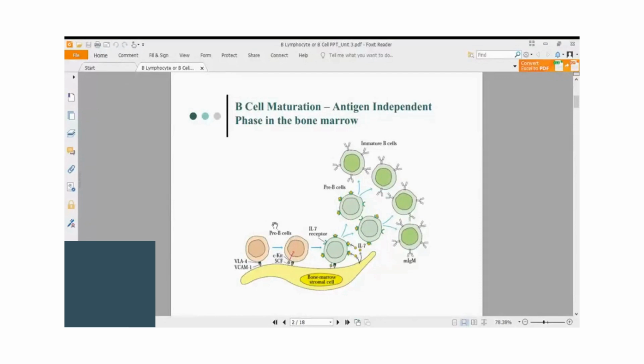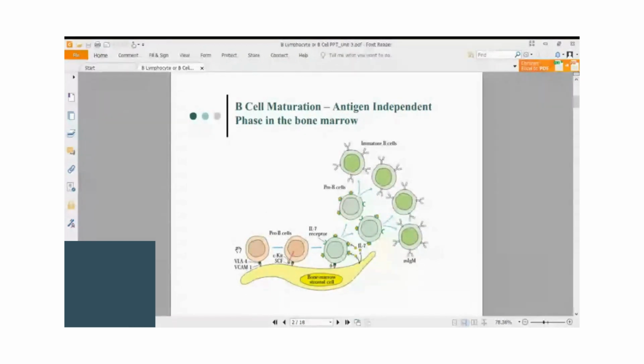Now these pro-B cells which remain in the microenvironment of the bone marrow, because of their residence there, develop a receptor on their surface called VLA4. VLA4 stands for variable lymphocytic antigen.